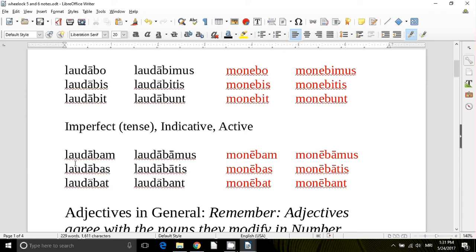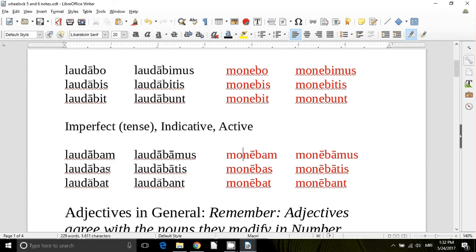So laudabam, laudabas, laudabat, laudabamus, laudabatis, laudabant. Since these are long and they're the second last syllable, they get accented. Monebam, monebas, monebat, monebamus, monebatis, monebant.